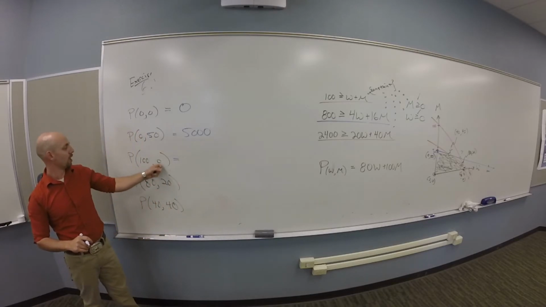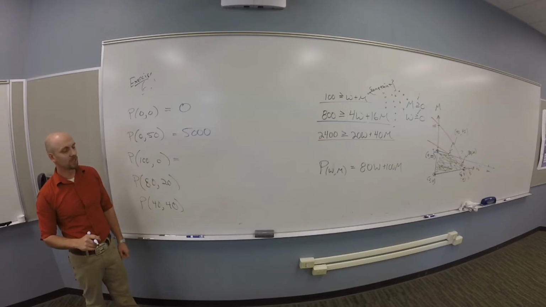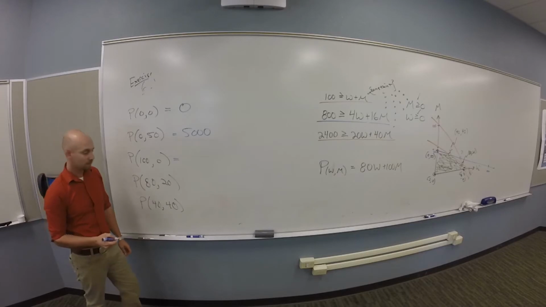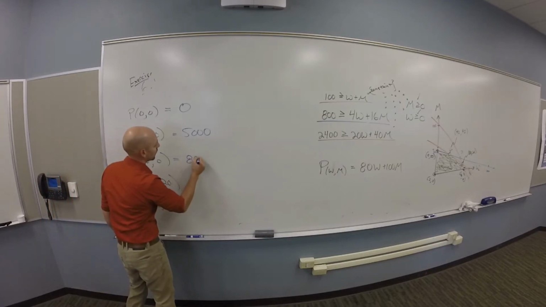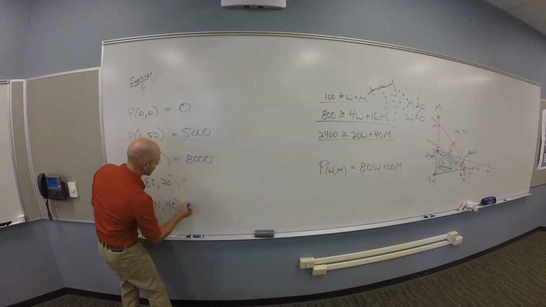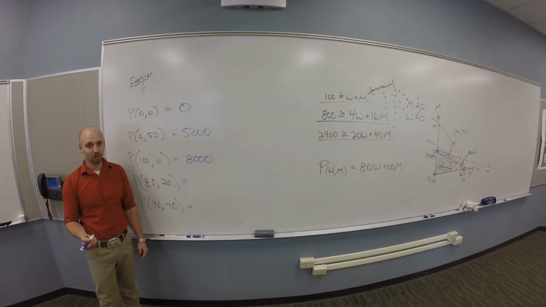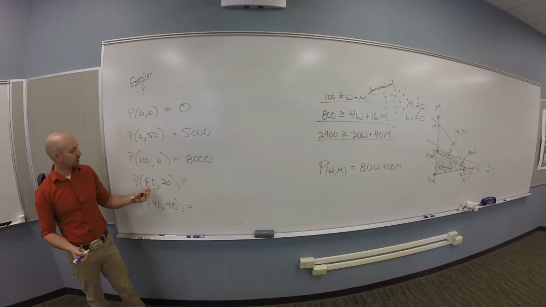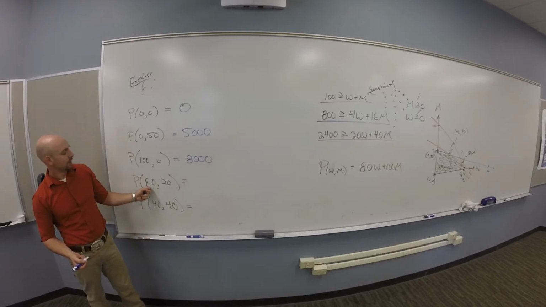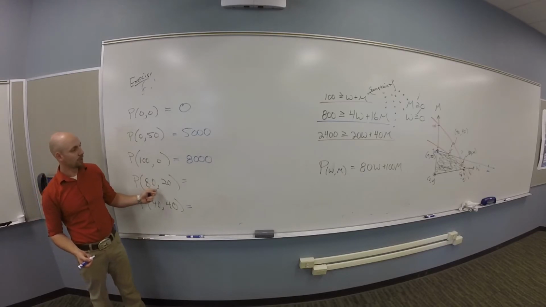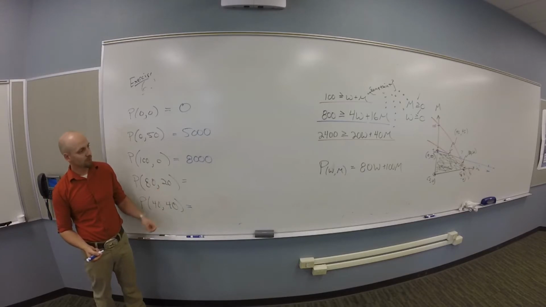Okay, so if I do 100 and 0, that's planting only wheat, right? What do I make on that? 8,000. And then there's these two kind of happy medium values, right? So one's when I spend 80 acres on wheat and 20 acres on maize. What do I get out of that?